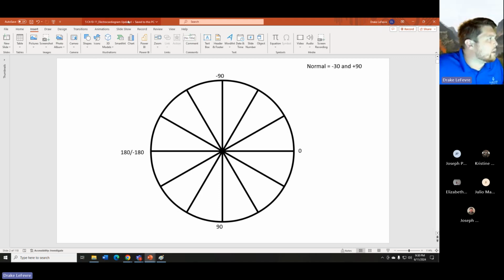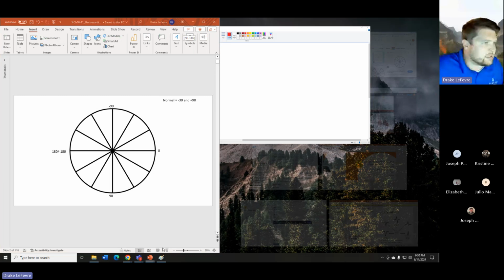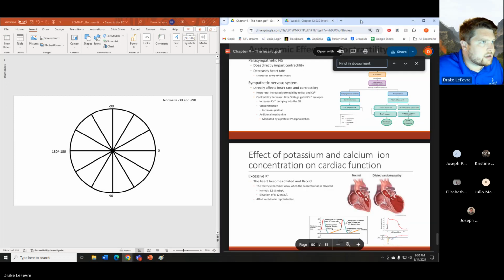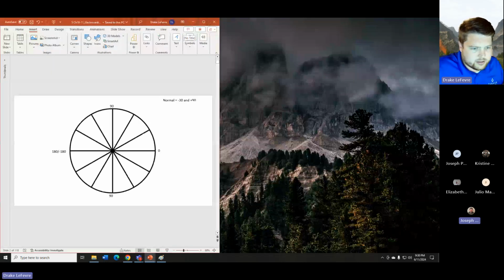So let me pull up an EKG example. Did you guys have an EKG worksheet or something? I can send you this one real fast. Yeah, go ahead and send that to me real quick. Is that the one from lab, JC? Yes.